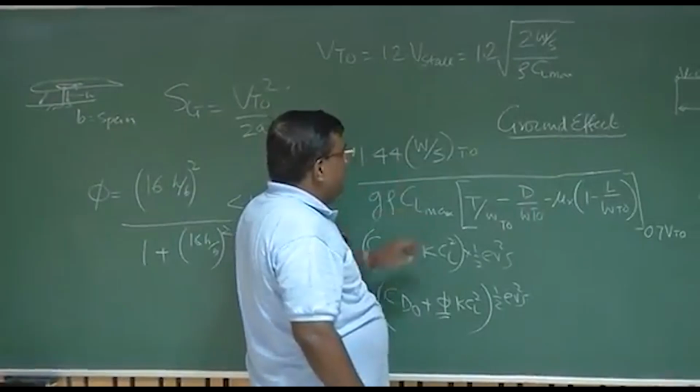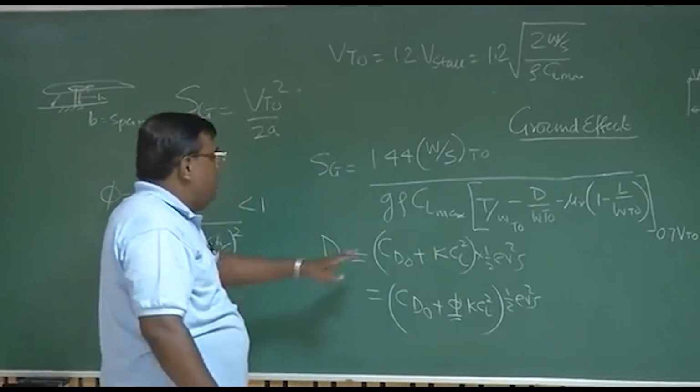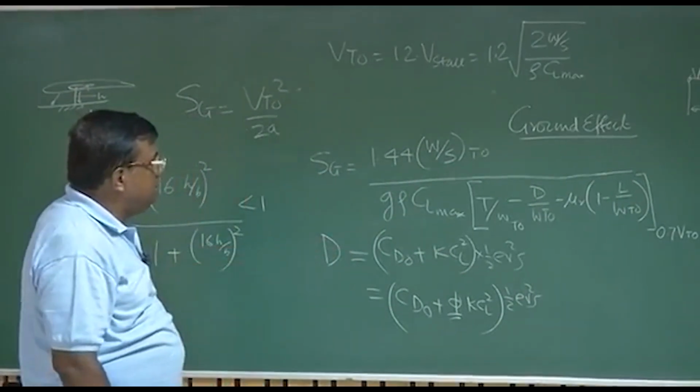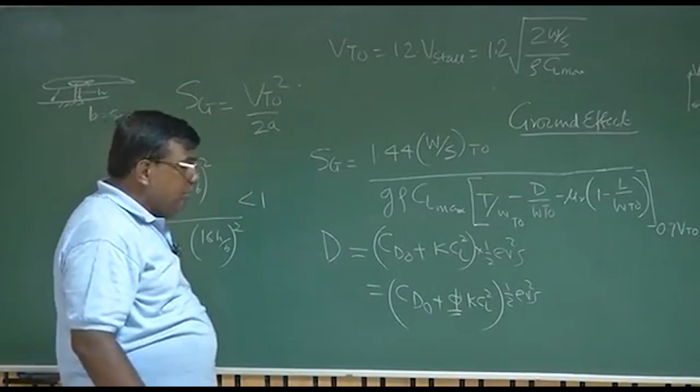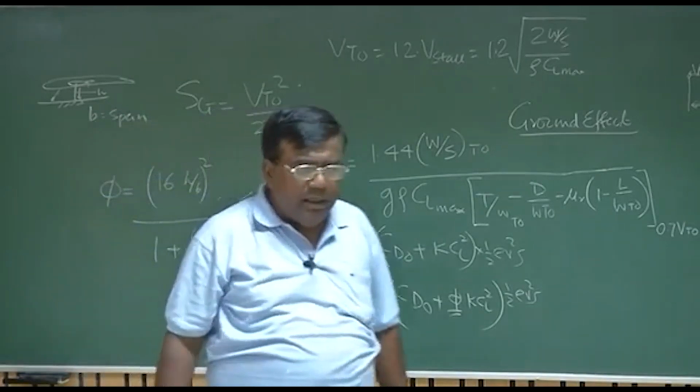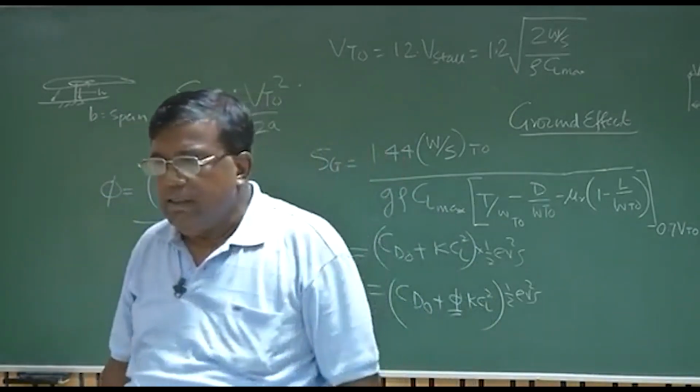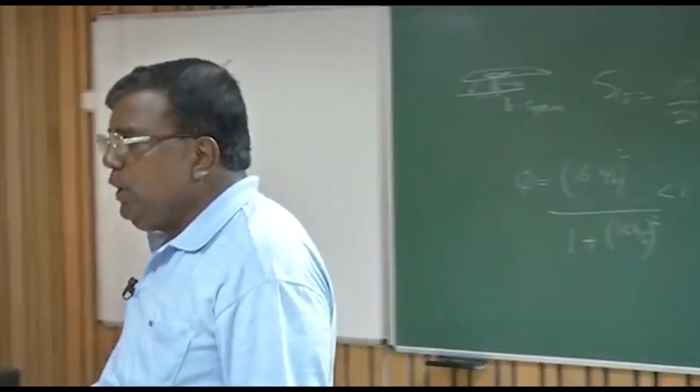So coming back here again, once I know this, how to calculate. Sometimes in literature, there is advice that when you're calculating the lift, don't take the CL max, you take 0.8 times the CL max. Okay?